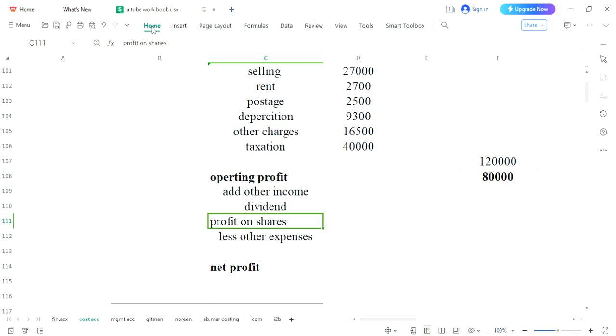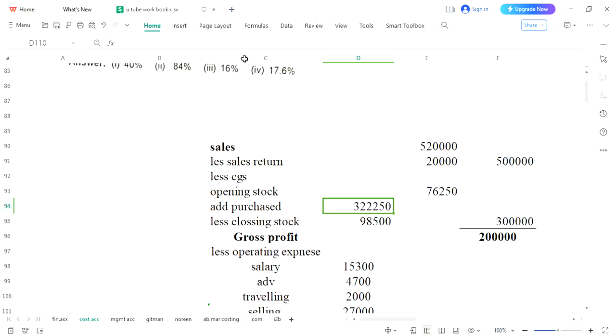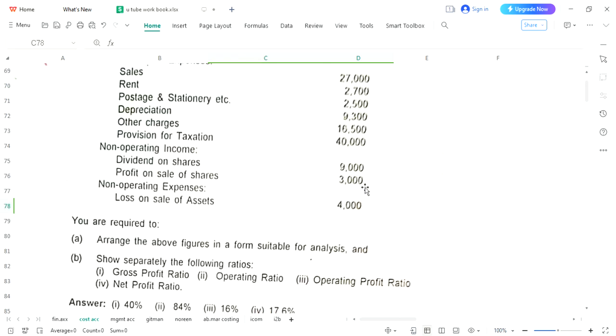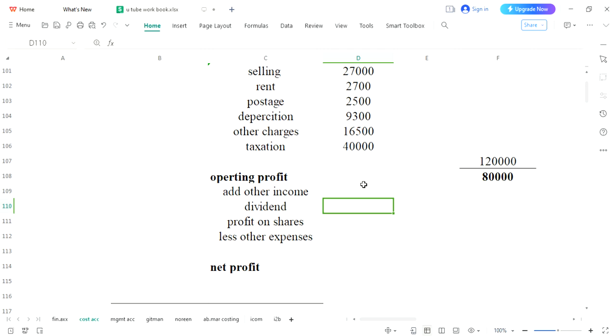These were two operating income. As you know that incomes are added. So first we will write their amount, dividend and shares, 9,000 and 3,000. So here you will put 9,000 and 3,000.